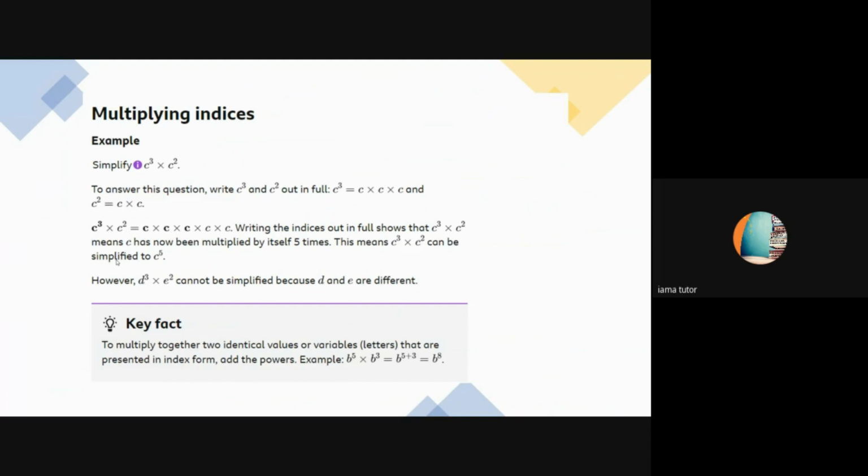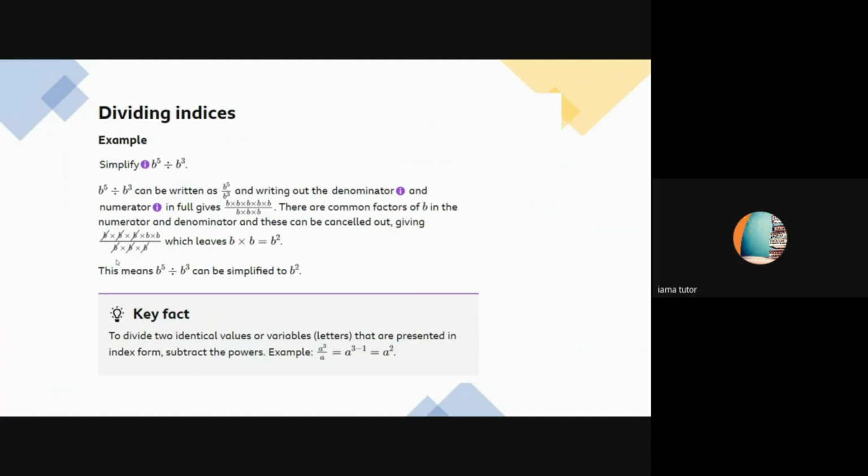Now, moving on to the next, the law of division of indices. It says that to divide two identical values or variables that are presented in index form, you subtract the powers.